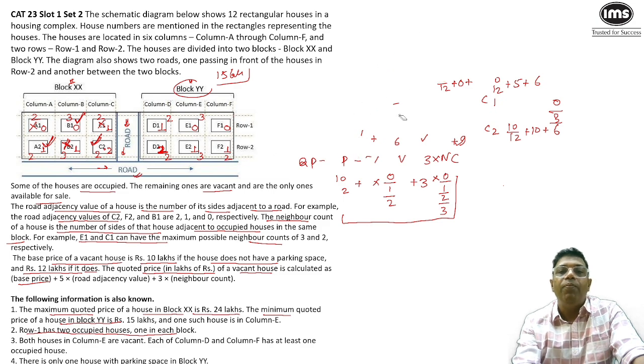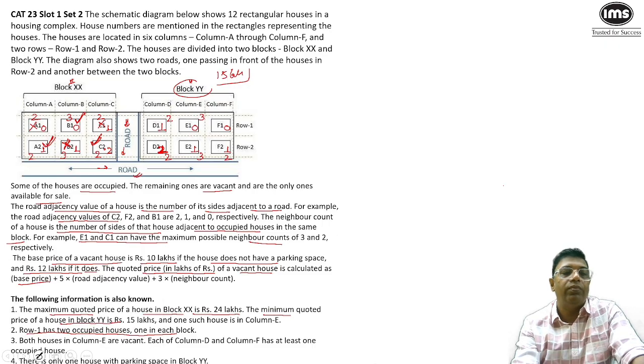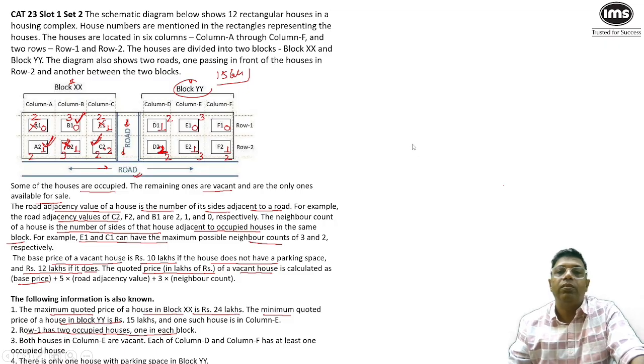It means no other house should have less than 15 lakh of quoted price. And in the same way, what we did for block XX, we will do it for block YY. Okay. Let's go further.